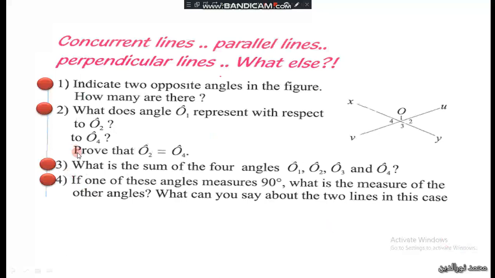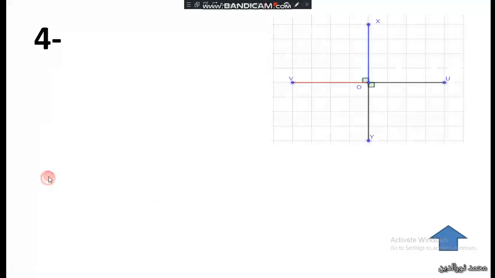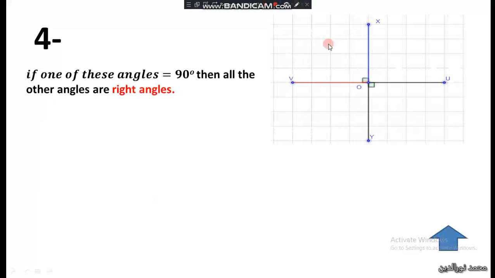And then if one of these angles measures 90 degrees, what is the measure of the other angles? What can we say about the two lines in this case? So if one of these angles is right, then all the other angles must be right angles.